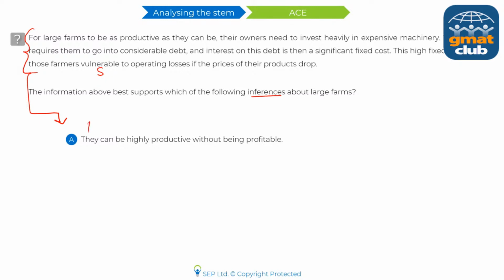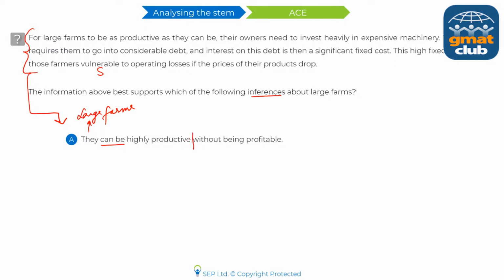So here they stands for large farms. So we're saying large farms can be, which means we are not saying they will be, and such words really matter a lot. So can be means there is a possibility that these large farms can become highly productive.